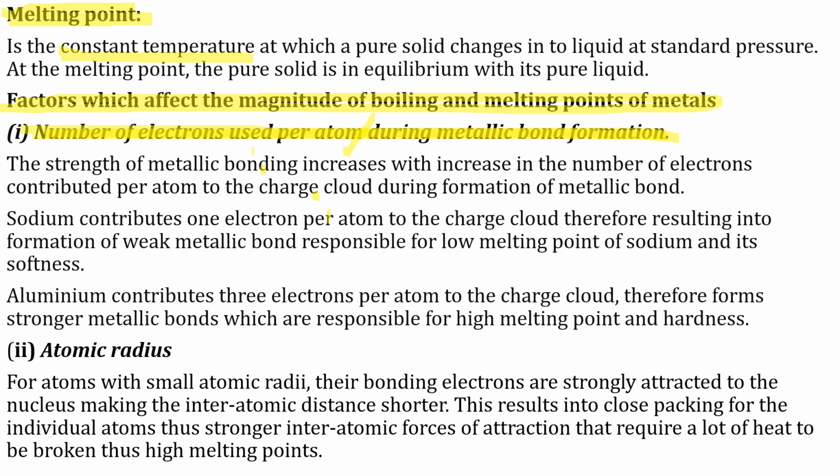So the next factor we are going to look at is atomic radius. How does atomic radius influence the melting point? Atomic radius helps us with the effect of bond length. Bond length is a very crucial element when you're explaining melting points.